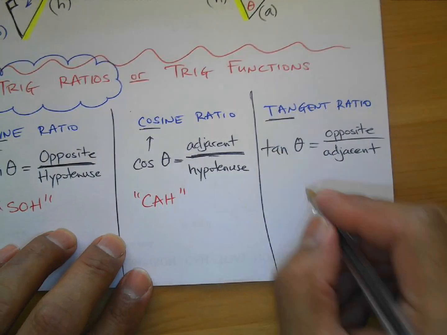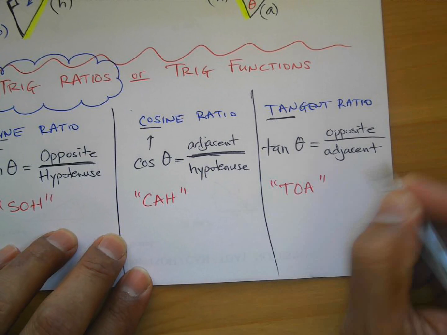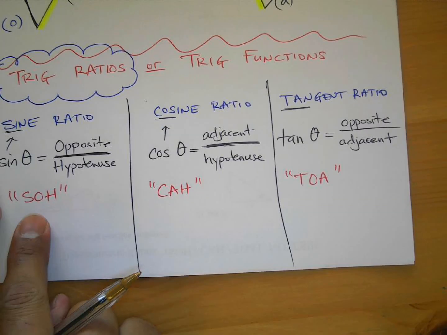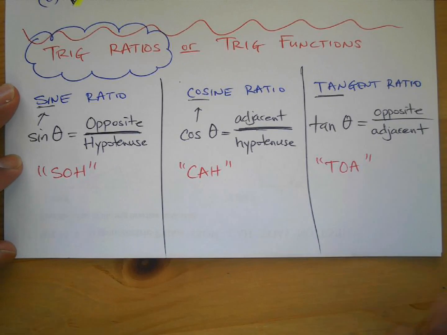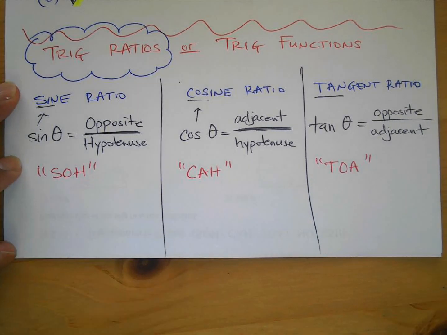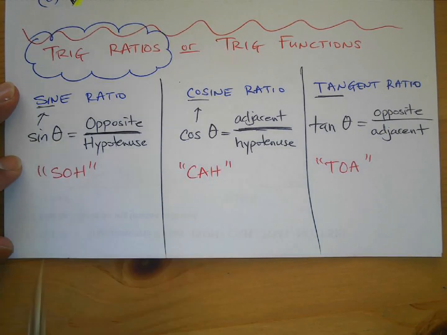And then to remember tangent, you're going to use TOA. So SOH CAH TOA. If you've heard people say that, those funny sounding words, well, they're not really words, they're kind of abbreviations.